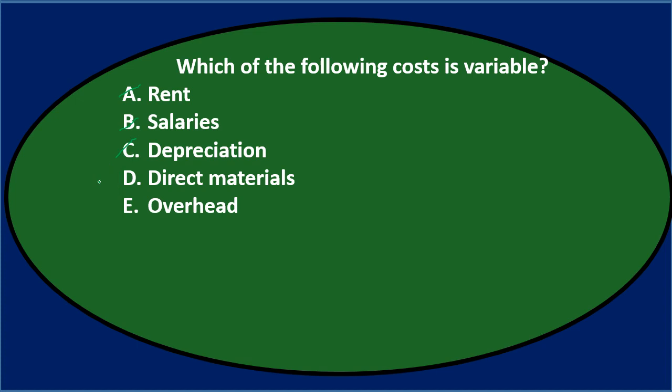Direct materials, that's something that we would normally think of as our primary variable cost. So that's when I would definitely think variable, because obviously as we make more stuff, the cost of the materials is going to change with relation to the stuff we make. And then E says overhead. Overhead may have fixed or variable components to it, but note that's more of a managerial accounting term.